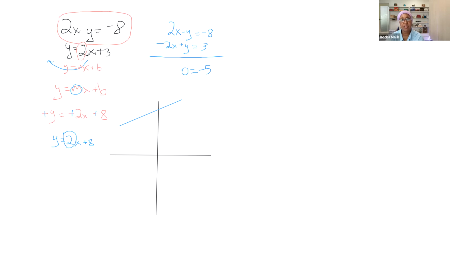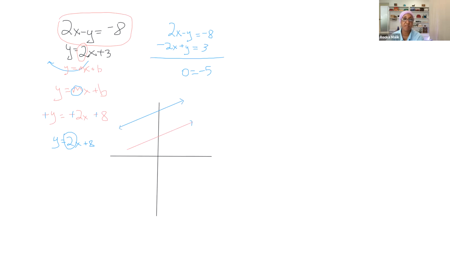And my other one is y equals 2x plus 3. So my y-intercept happens at 3. But they're in the same exact slopiness, the same exact tilt. So they're never going to meet because they have the same slope.